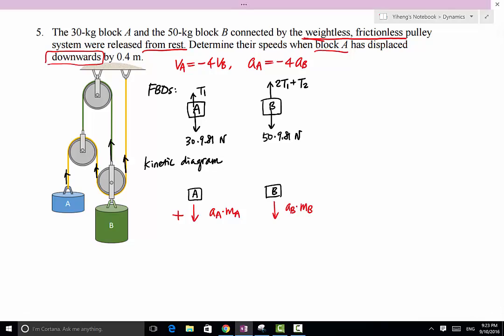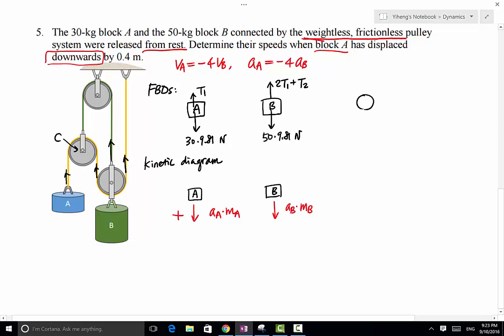However, we can also draw the free body diagram of this pulley, let's call it C. Because it is weightless, it doesn't have any weight force acting on it.